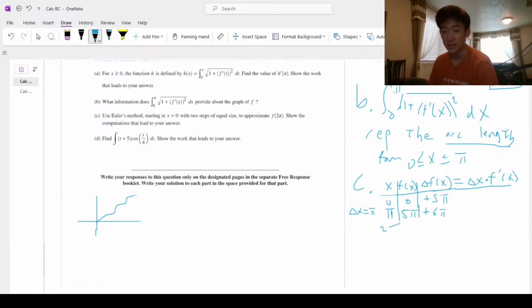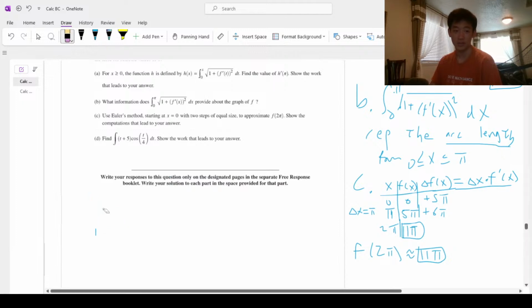So at x equals 2 pi, 5 pi plus 6 pi is 11 pi. So this would be our approximation: f of 2 pi is approximately equal to 11 pi. Now, pi is a pretty big step size, so chances are this is pretty far off, but by Euler's method, this is what we would get.